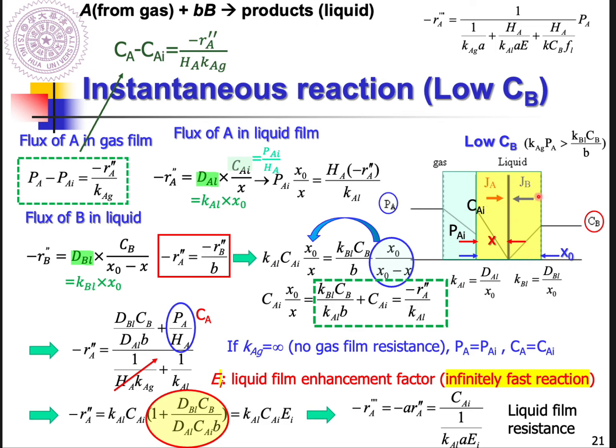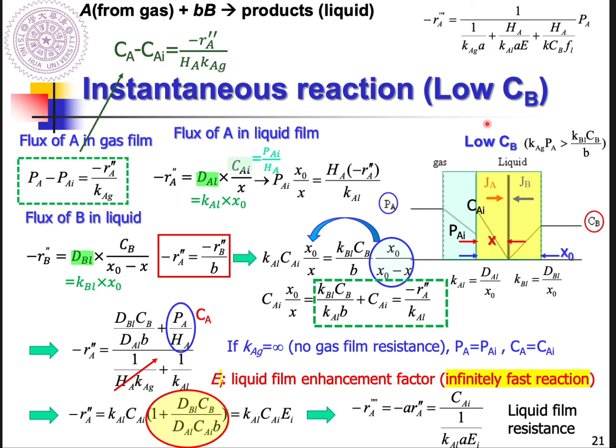So the only resistance we have is the liquid phase resistance here. This is how we successfully get the rate equation for instantaneous reaction at low CB case. But the second purpose here is to confirm whether these modified results can be used for this case, right?